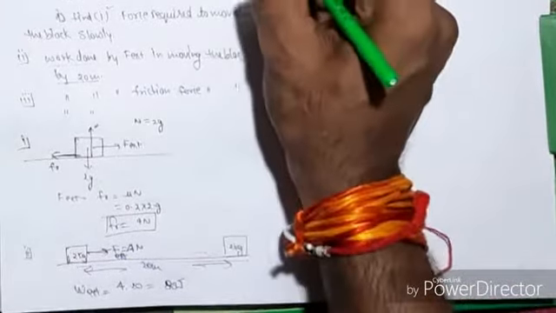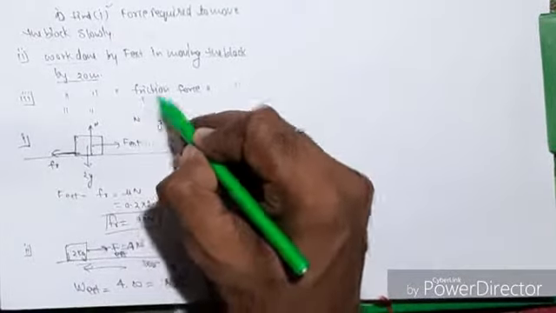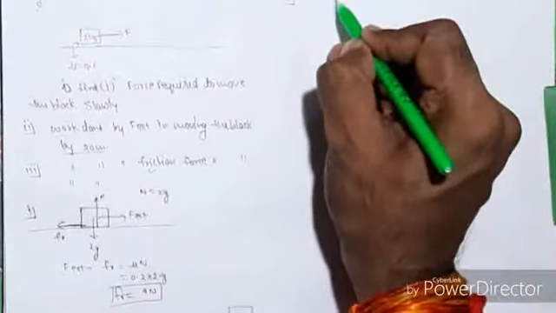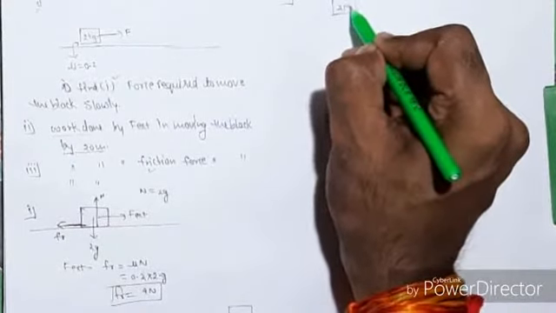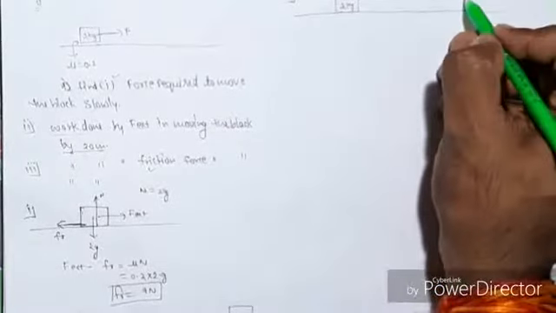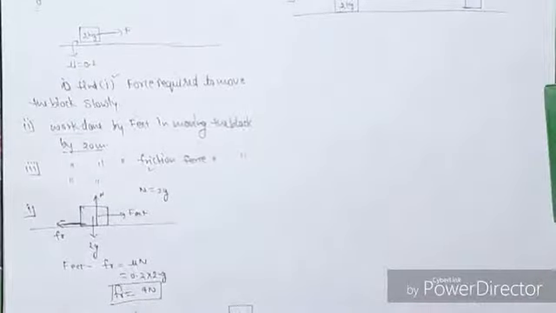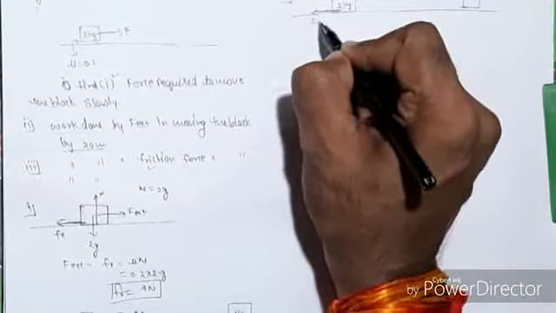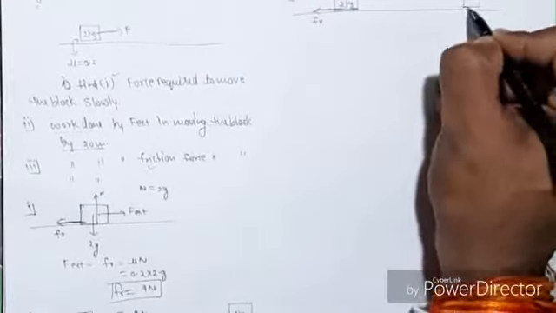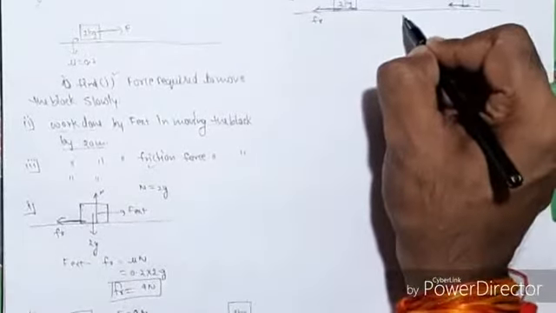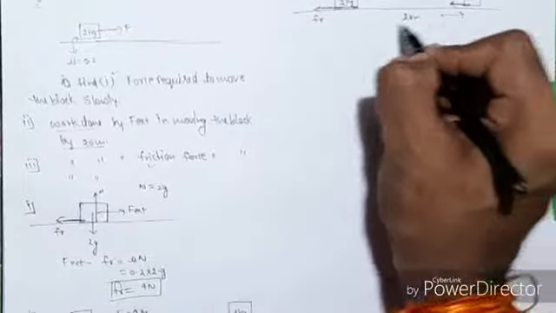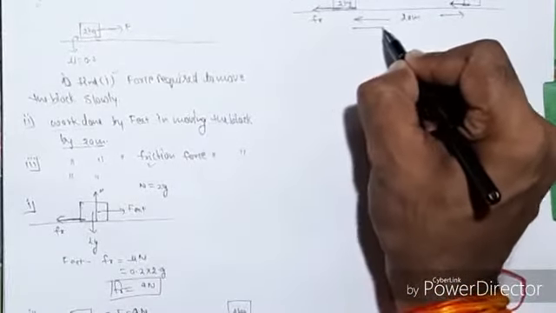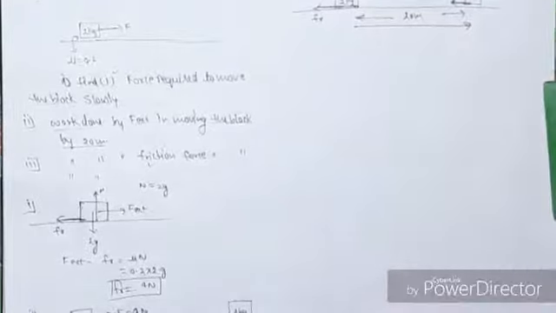But in case three, if we want to find the work done by the friction force, we see this is the 2 kg block at the initial position and this is the final position. During the displacement, the friction will act backward, always opposite, and this is the 20 meter displacement. The displacement of the particle from initial to final position is this.